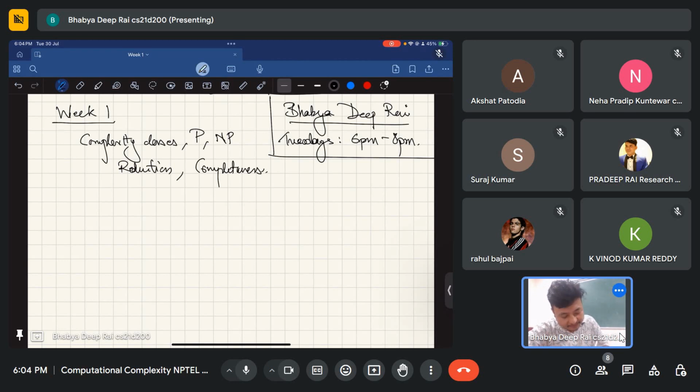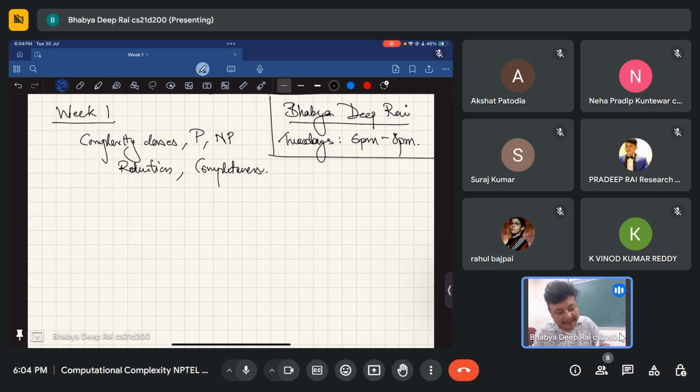So just a quick recap. What is complexity theory? Complexity theory is the mathematical study of problems and categorizing problems according to their hardness. By problems I mean computational problems, and you can study a problem and say that this problem is hard, and you can take another problem and say that this problem is possibly easier.